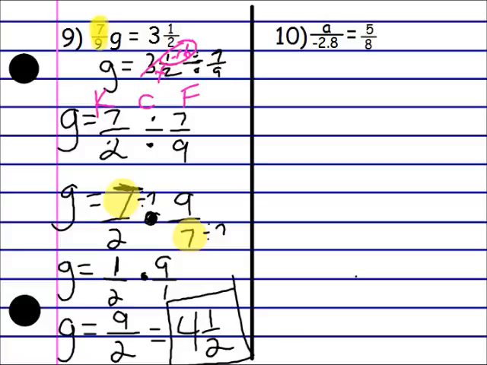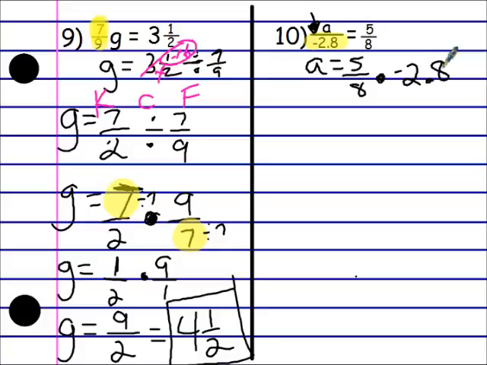So let's have a look at it that way. We have -2.8. We're going to highlight that on the same side of the equation as the variable, and rewrite the equation without it. A equals 5/8. The opposite operation, this is division, so the opposite is going to be multiplication.